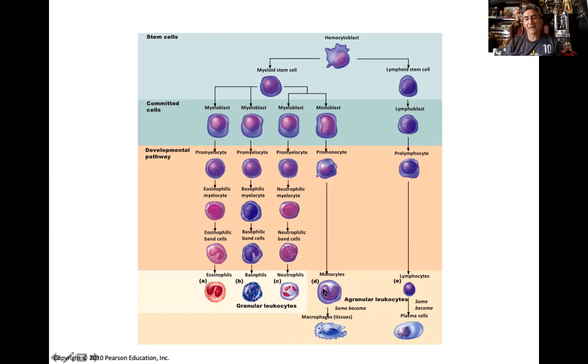So again, you can kind of think that, well, these are a little bit more closely related because they develop along a more similar path. This one is quite distinct. And then the red blood cells are a whole completely different pathway over there.